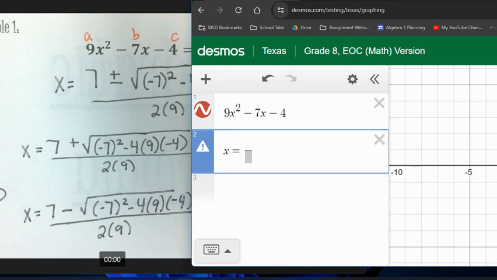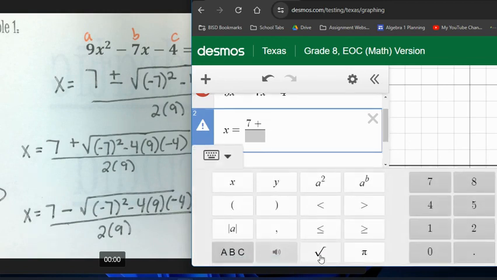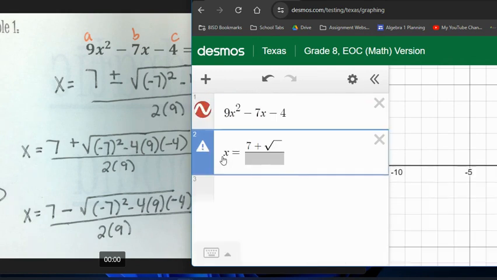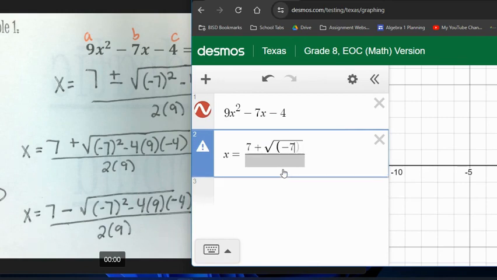So let's put in 7. I'm going to do the plus one first because I can't do plus minus. I have to just do plus. Square root, you got to click on the show keypad and click the square root. Drop beside pi. Close that. And then put everything in with parentheses and all.